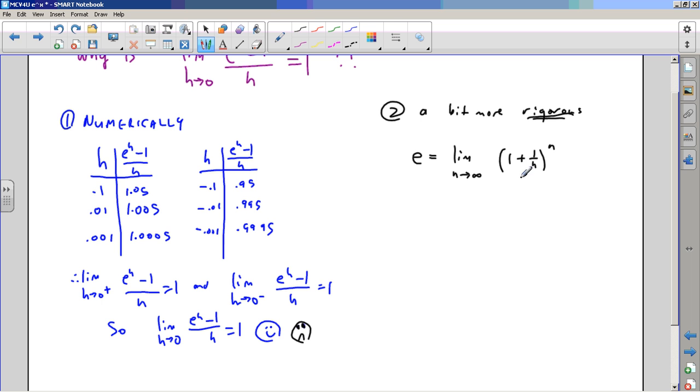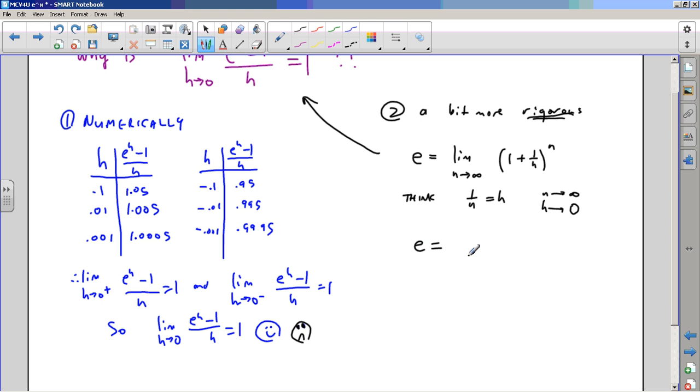What I'm going to do is essentially turn this fact into that fact. All right? So first of all, think of this 1 over n as h. Notice then, as n goes to infinity, what does h go to? Think in your head. Yeah, 0. Goes to 0. So this limit changes.